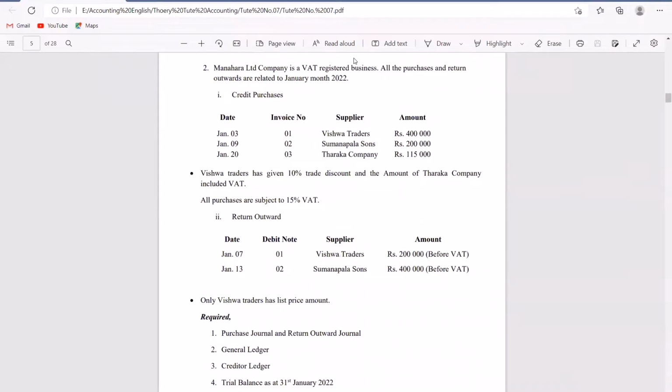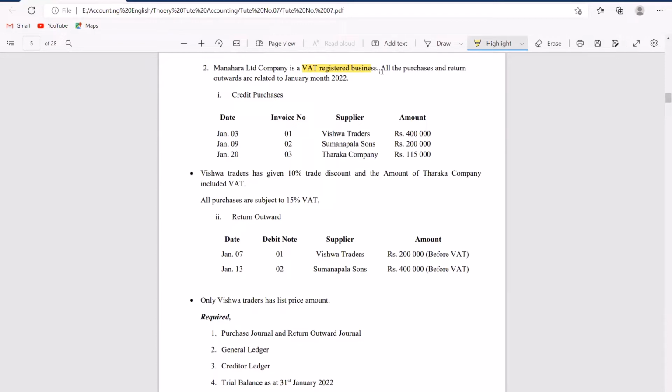Manahara Limited Company is a VAT registered business. Please highlight the words VAT registered. All the purchases and return outwards are related to the January month.